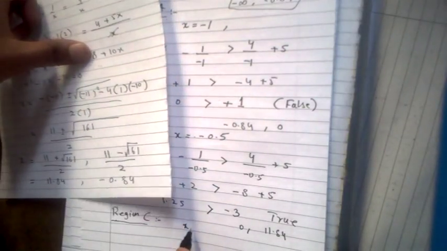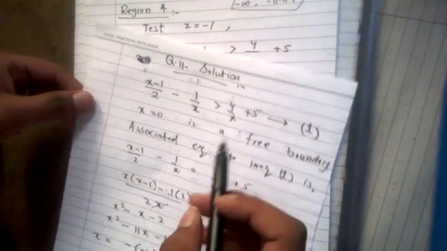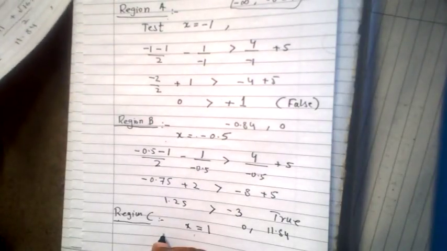One of the points between these 2 points is x is equal to 1, and we can take it as a test point. We will substitute it in inequality 1, so that we get 1 minus 1 divided by 2 minus 1 divided by 1 is greater than 4 divided by 1 plus 5.